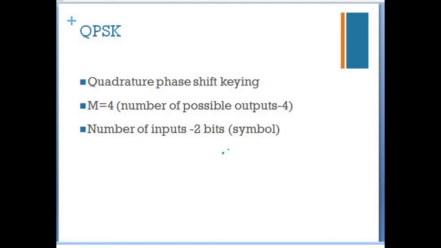So there are 4 possible changes, m equal to 4. To get 4 possible changes, we have to apply 4 different input combinations, so it must be 00, 01, 10, 11.